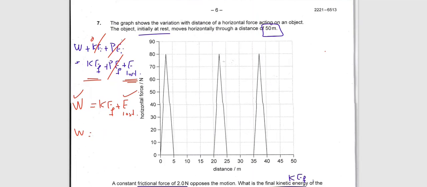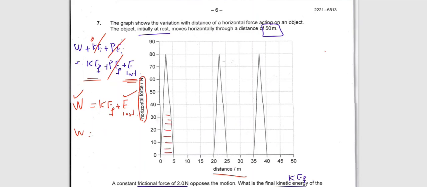For work, since I have a relationship between the horizontal force and the distance, I know W equals F times distance. So all I need to do is find the area underneath the graph.